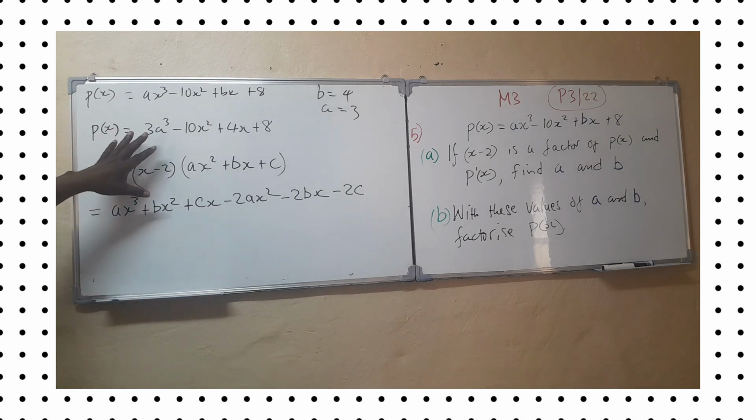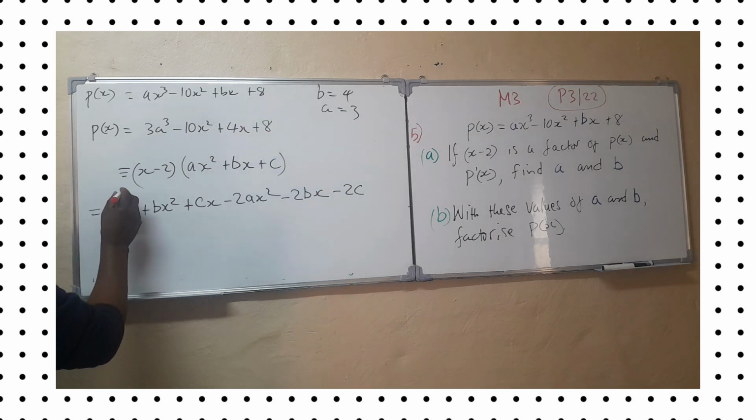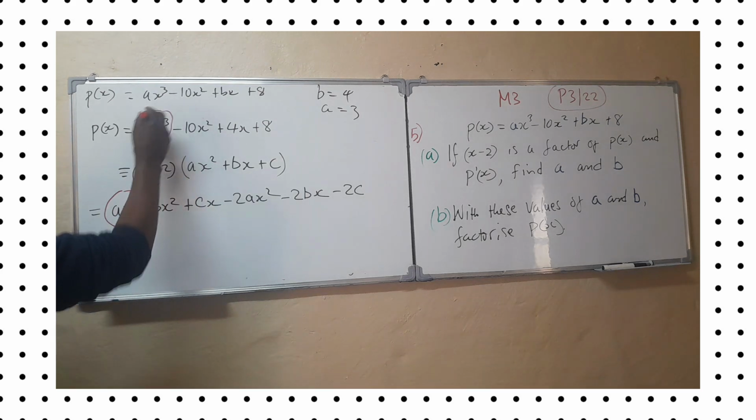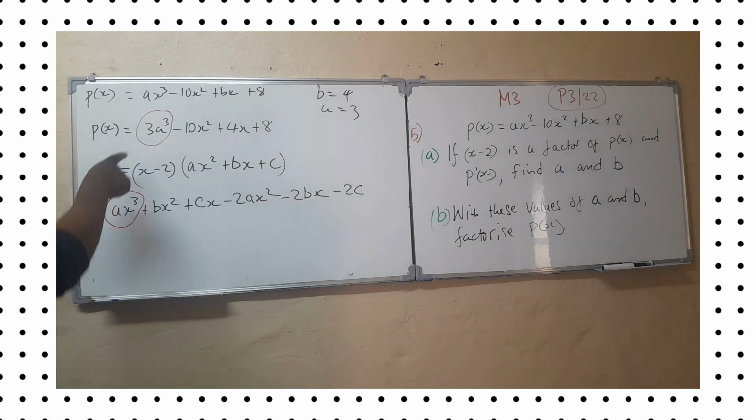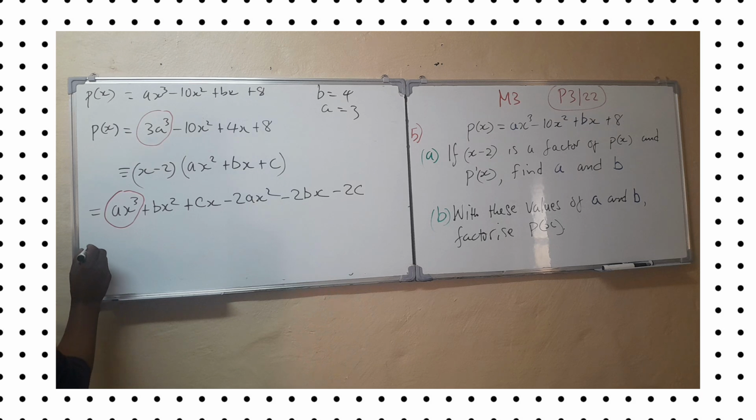So we can equate terms with the same powers of x. For example, here is our term with x cubed. It has to be the same as that one there. So I can say, therefore, 3 is equal to a. Our a is equal to 3 because these two are identical. So straight away, I now know a is equal to 3.